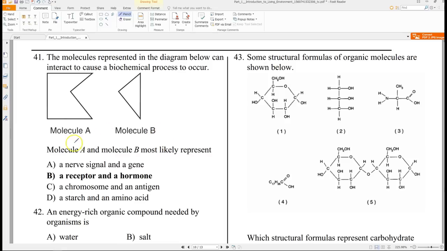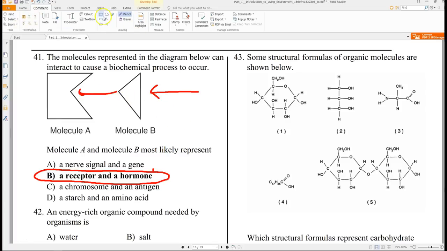More receptor molecules. You might be asked to draw something like this. It's either going to be a receptor molecule or an enzyme. We're reaching the end, guys. Molecule A and molecule B most likely represent a receptor and a hormone. Lock and key. It fits perfectly.